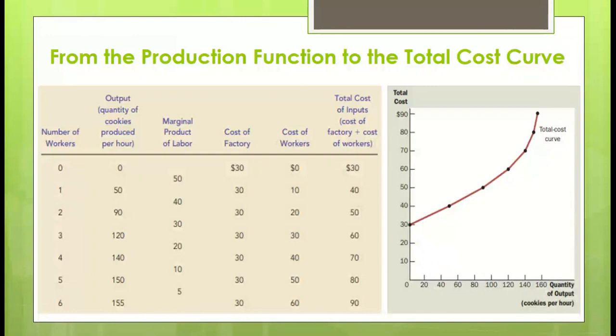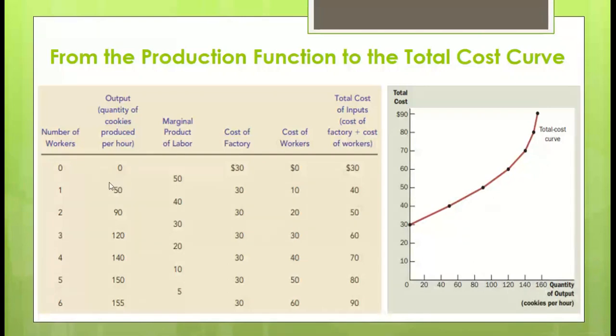Again, against 50 units of output produced, the total cost is $40. Now you can look over here. If 50 units of output are produced, then against this point the total cost of inputs is $40, and it's clear from the table as well.